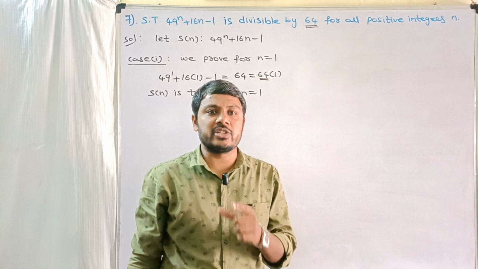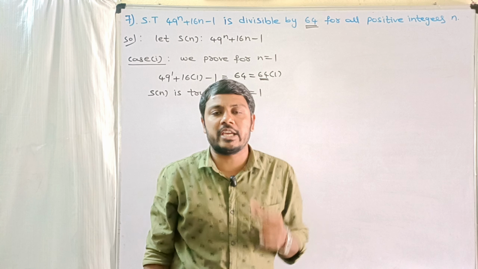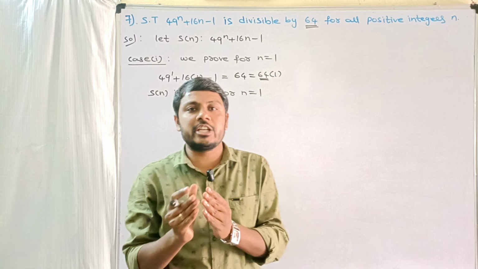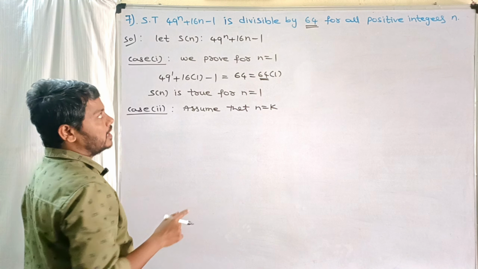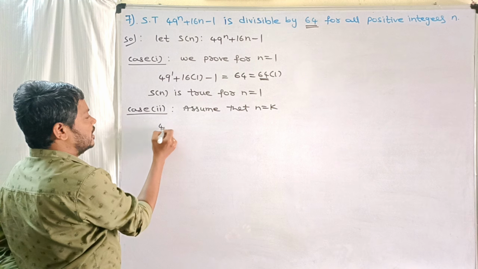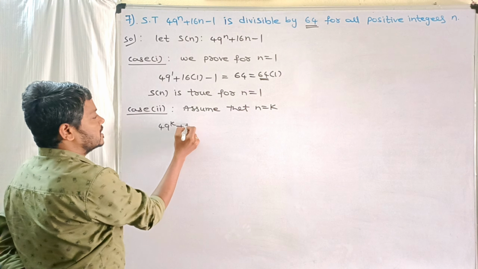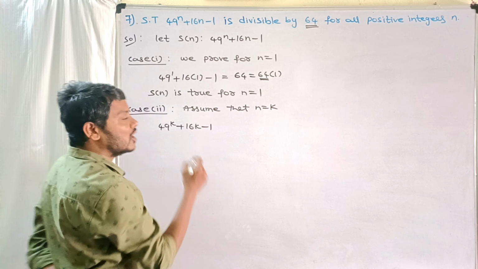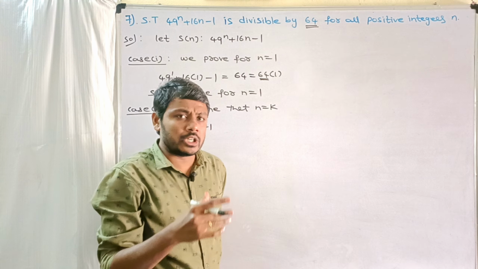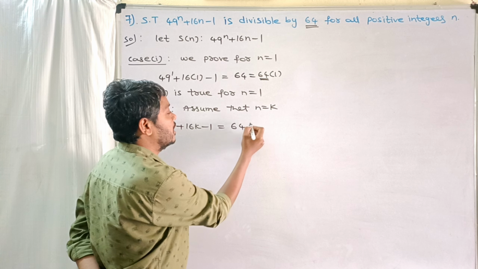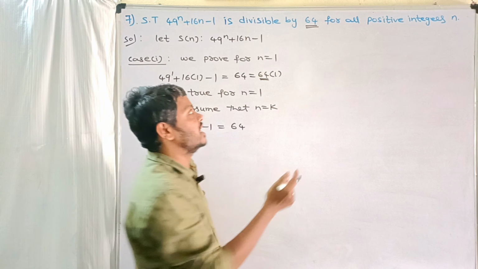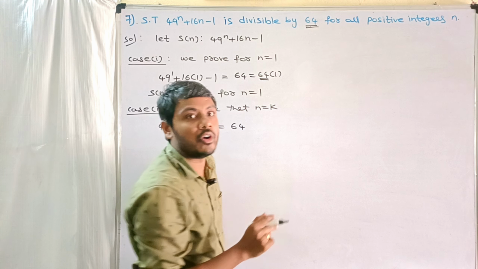Next, case 2. Assume that n equals k, which means the given statement is true for n equals k. So we get 49 power k plus 16k minus 1, which is divisible by 64.